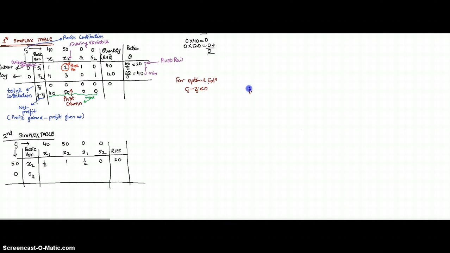This rule says that new value is equal to old value in the row, or old row values, minus the corresponding coefficient in the pivot column, which will be above or below the pivot number, multiplied by the corresponding new table value.